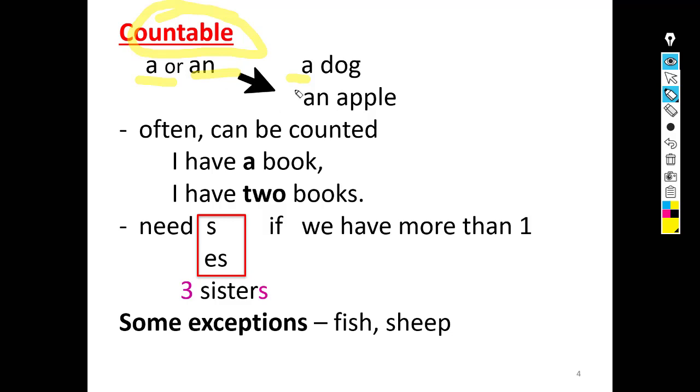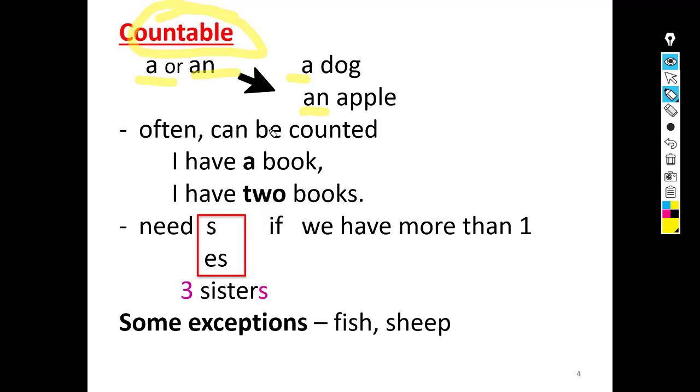I have a lamp. Or we need to put an in front of the noun, because it starts with a vowel. Yes? An apple. I have an apple. Or I have an orange. Like that. Got it? I think you can remember.